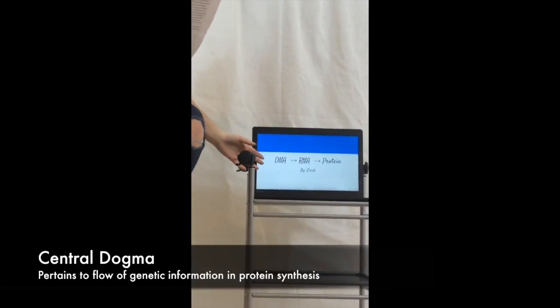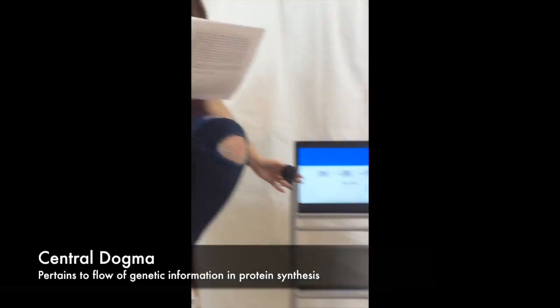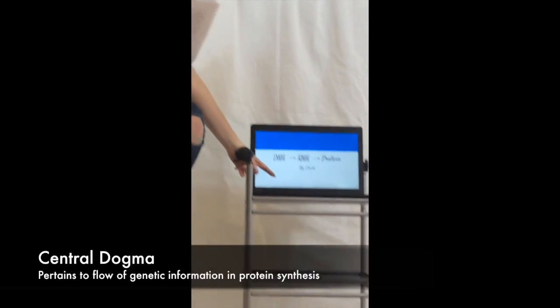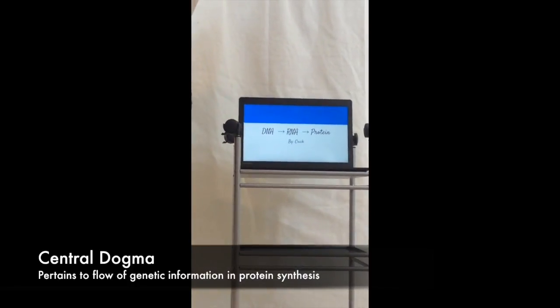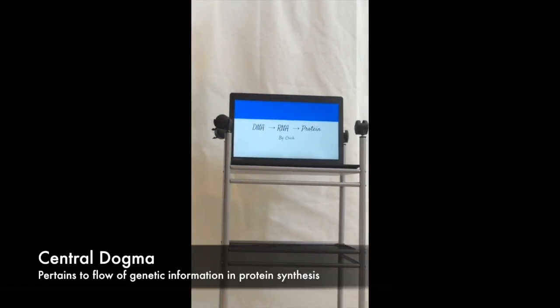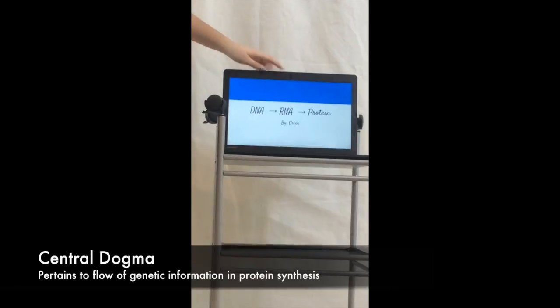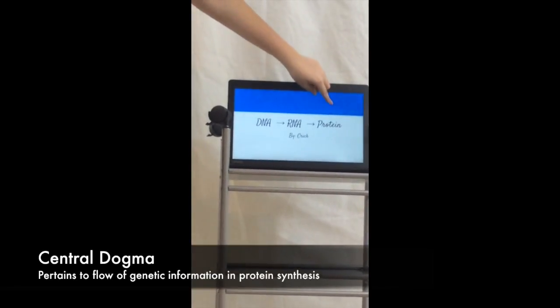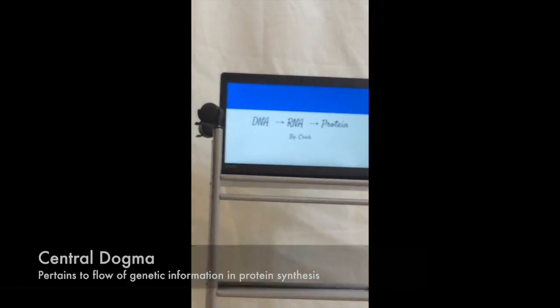The central dogma was developed by a molecular biologist, Francis Crick, who also discovered the structure of DNA with his buddy James Watson. According to the central dogma, DNA makes RNA, and RNA makes proteins. Of course, the process of protein synthesis is much more complex than this. So we will get into the specifics in transcription and translation.